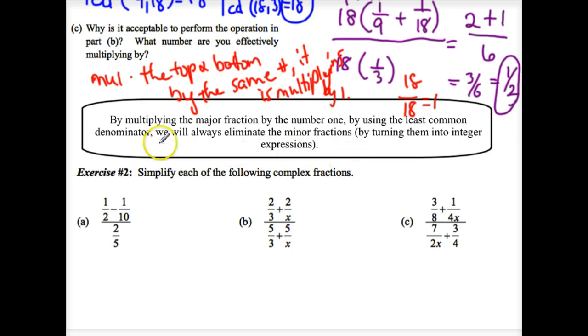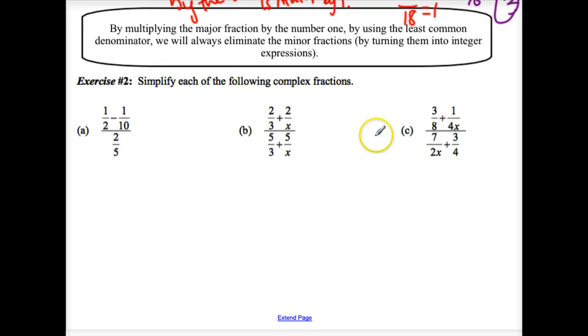By multiplying the major fraction by the number 1 using the least common denominator, which we found, we always eliminate the minor fractions, turning them into integer expressions. So the most important thing that you have to do is find the common denominator.